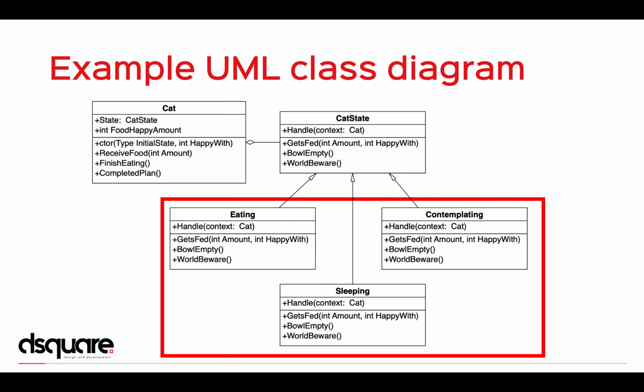For this example, however, we are only going to implement the methods that we actually need to be able to traverse between the various states. So let's go and take a look at what are the methods that we actually need to implement in these various states.